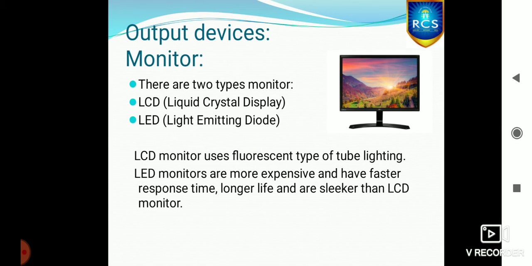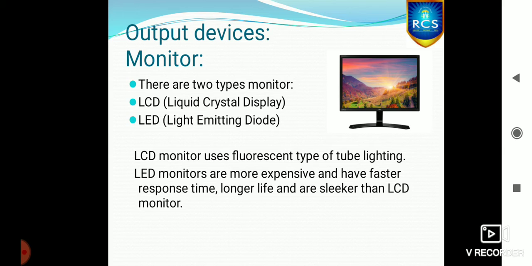Next one is output devices. Monitor. There are two types of monitor: LCD monitor and LED monitor. LCD stands for liquid crystal display. LED stands for light emitting diode. LCD monitor uses fluorescent type of tube lighting.